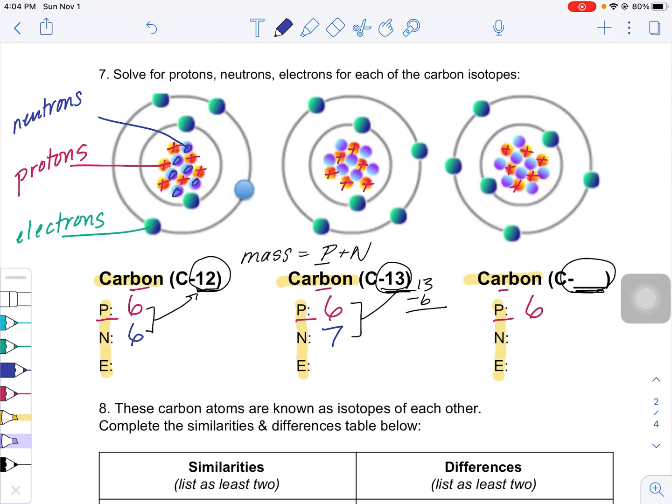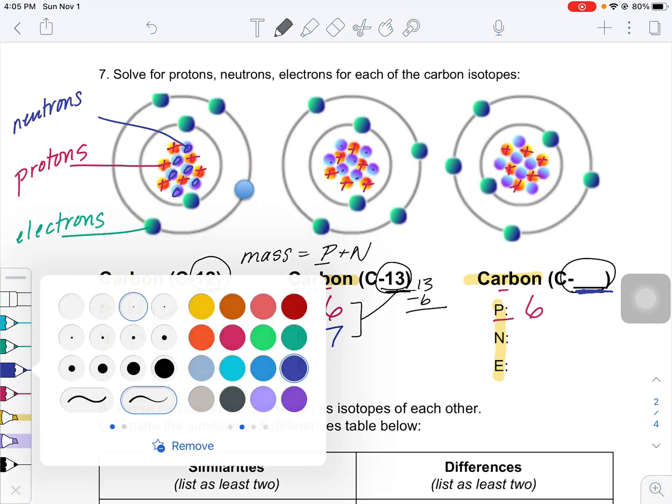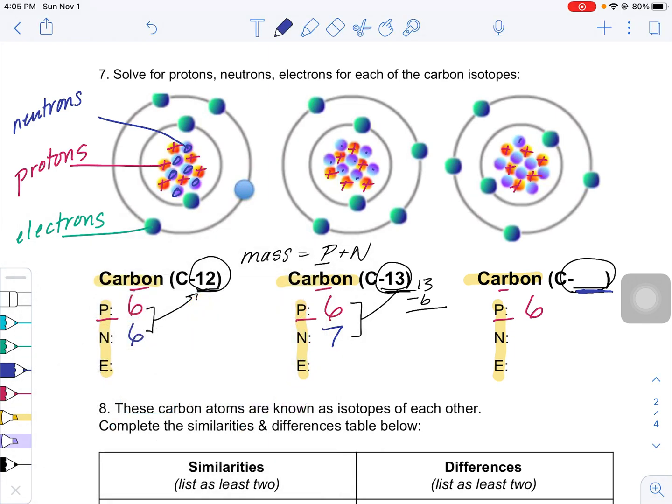Because I might have an example where I don't have the chance to count these out. In my final example, I don't have a mass number indicated. So that's something that I need to be able to calculate. And so in order to do that, I do need to then go back and count my neutrons. 1, 2, 3, 4, 5, 6, 7, 8 neutrons here.